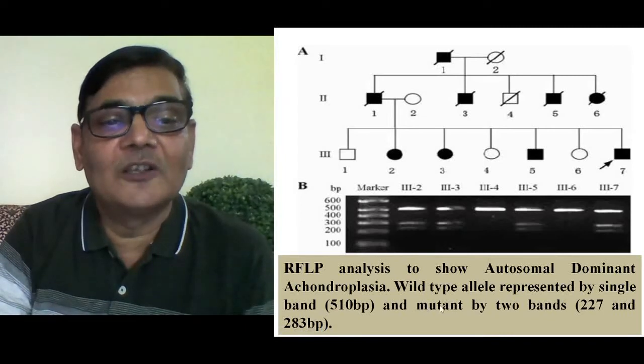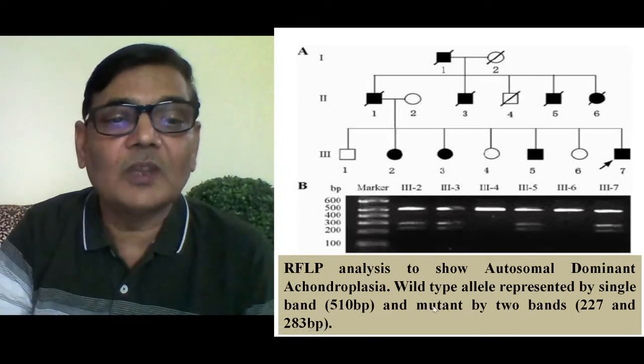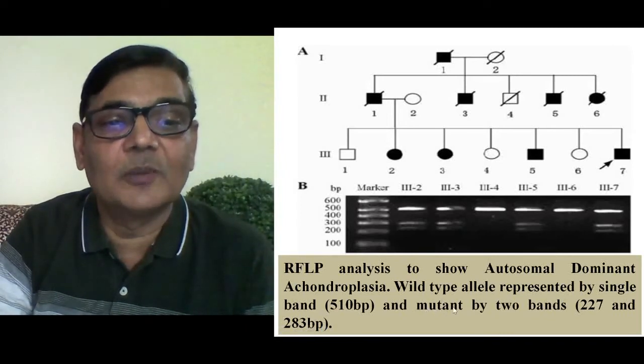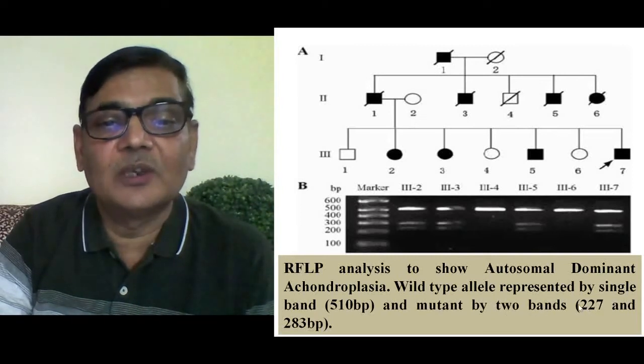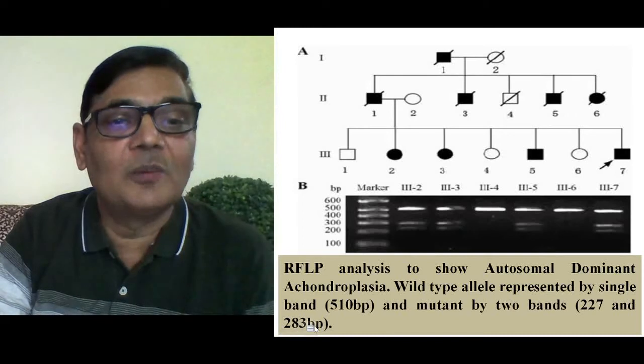So the mutant allele, or its DNA segment, gets split by the specific restriction enzyme, and that is why a mutant allele is seen in two different bands, the 227 base pair band and the 283 base pair band.